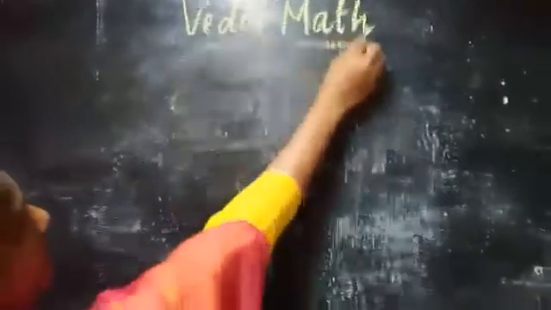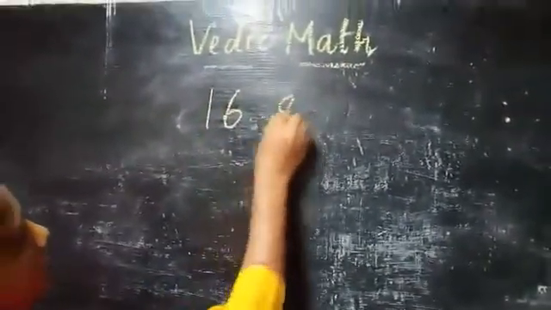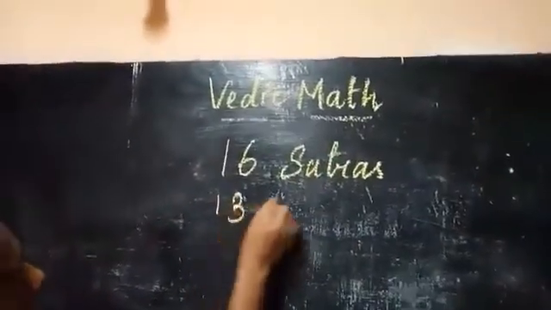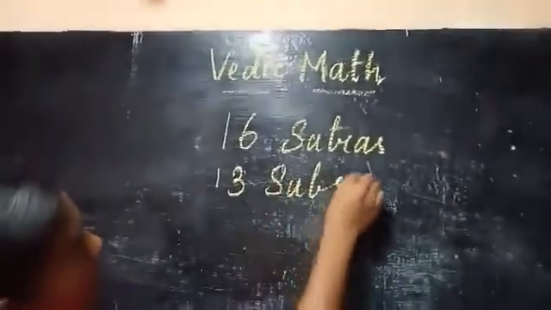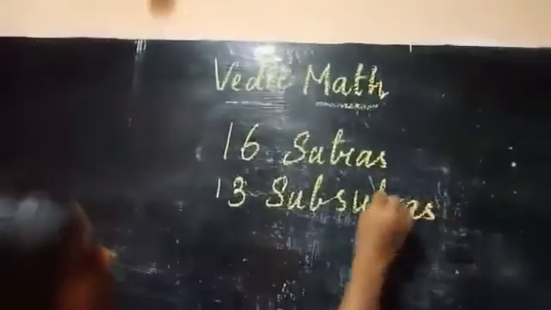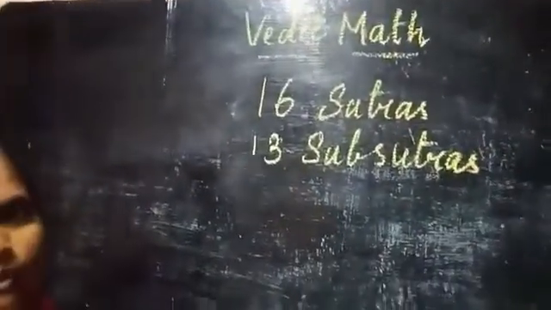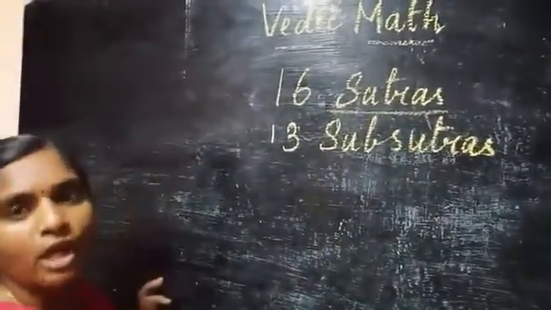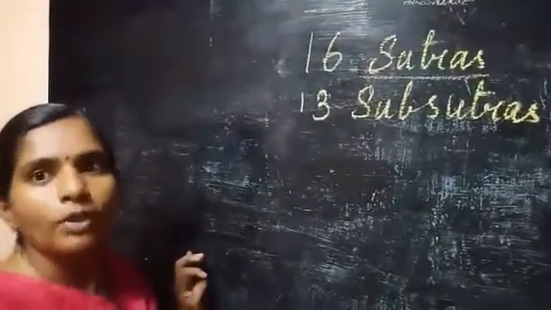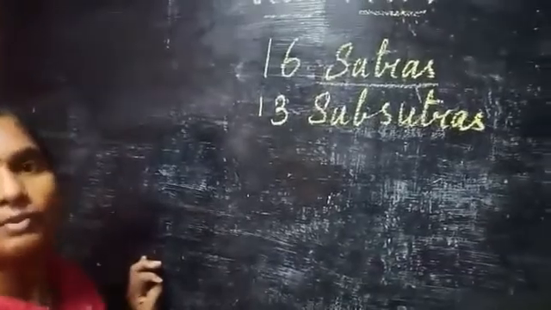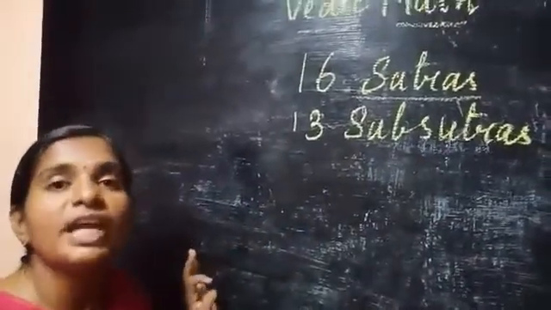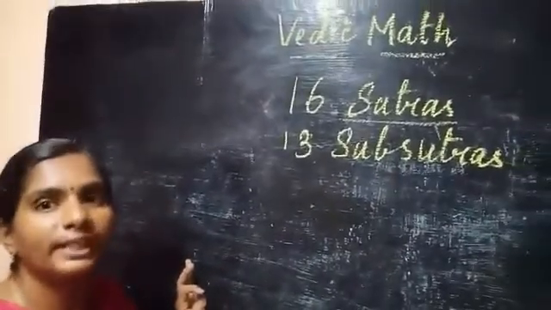So now we are going to see what is present in this Vedic math. Okay, now listen dear. In Vedic math, you have 16 sutras and 13 sub-sutras. Here I have used a word called sutra. It means formula. So there are 16 formulas and 13 sub-formulas which we are following in Vedic math.